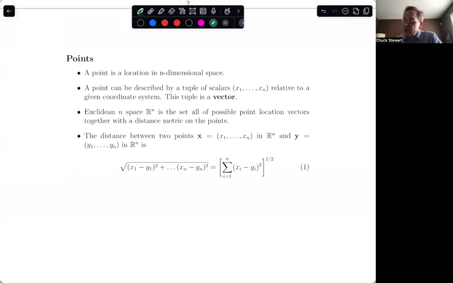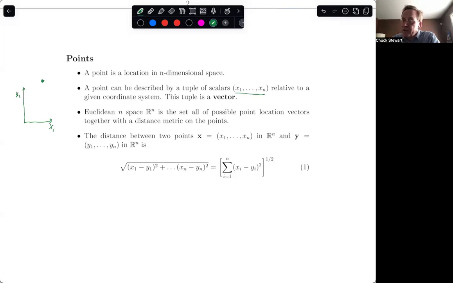A point is a location in n-dimensional space. So there's an example of a point. A point can be described by a tuple of scalars, x1 through xn, relative to a given coordinate system. So it's very important to realize, for example, if that is x1, x2 in my coordinate system, then this might have the coordinates, say, 3, 5.